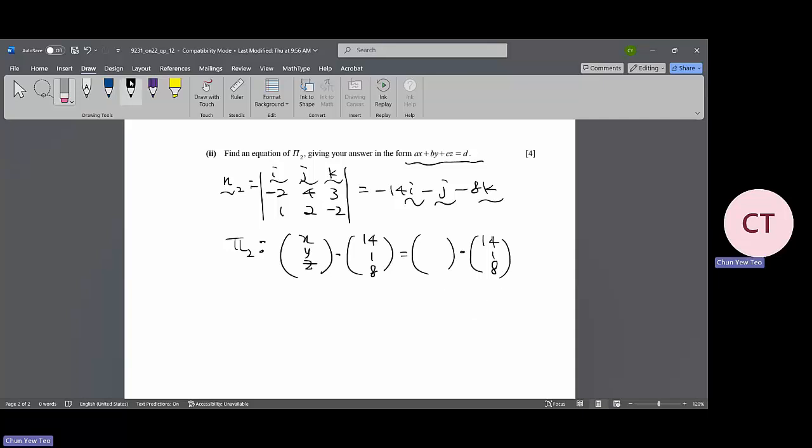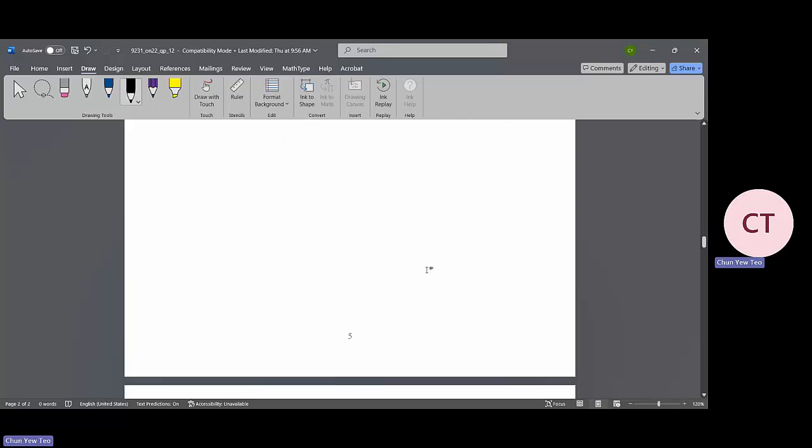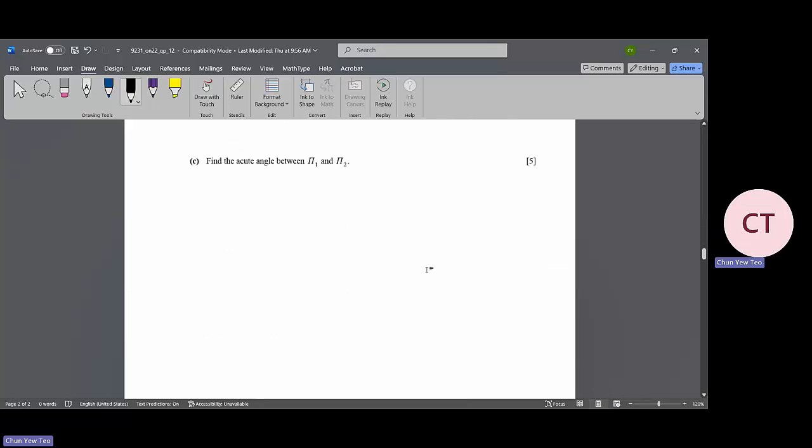Then we can get the answer: 14x plus y plus 8z equals 0 plus 2 plus 48, which is 50. So this will be the answer for B part 2. Now we move on to C, the acute angle between pi 1 and pi 2. That will be easy, but first of all, I need to find the normal vector N1.